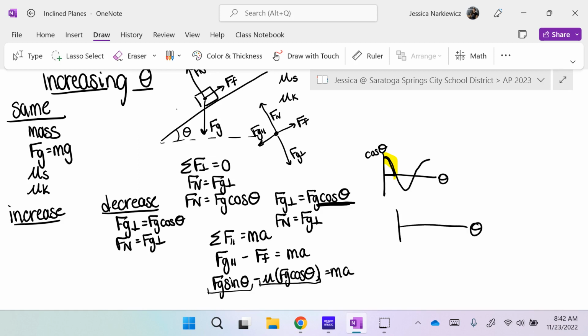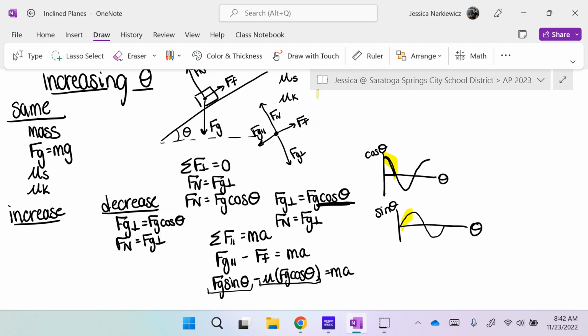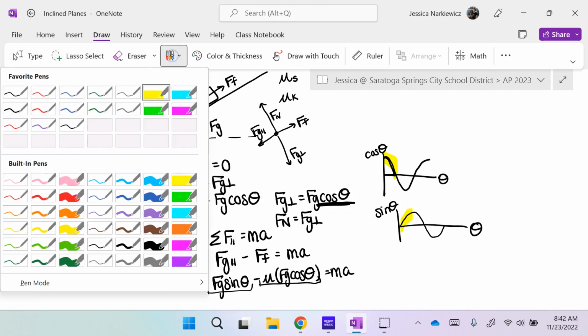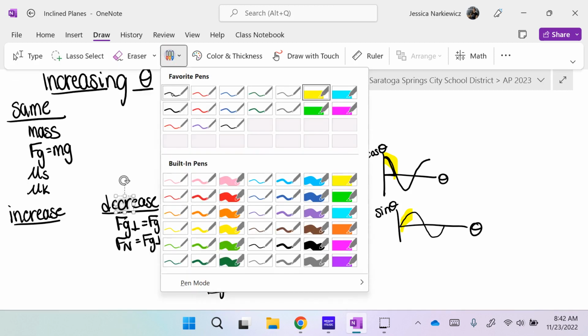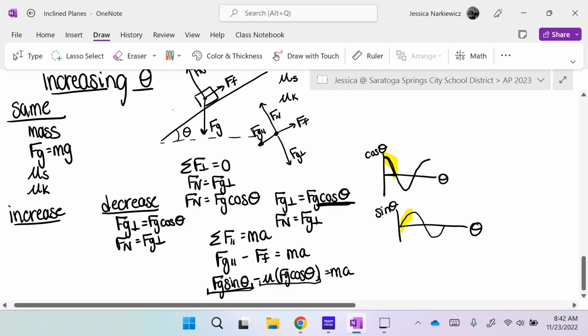For those of you, again, in pre-calc, maybe even algebra 2, you know that the sine curve looks something like that. Again, we only care about the part that goes from 0 to 90 degrees. What that graph shows me is that the sine of an angle increases as the angle increases, so anything based off of sine is going to increase.